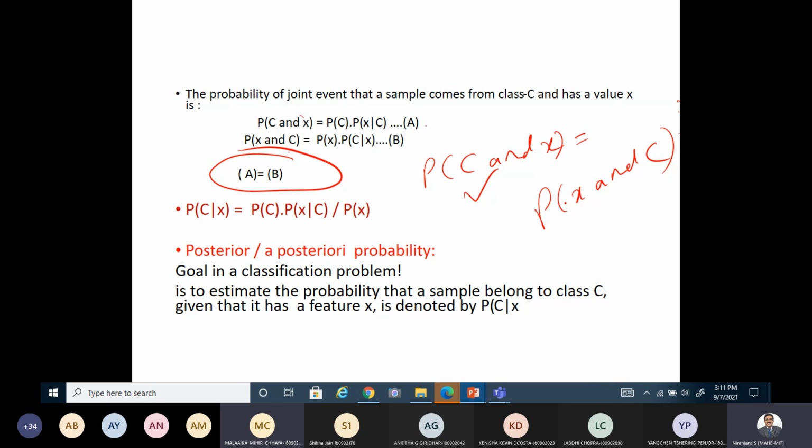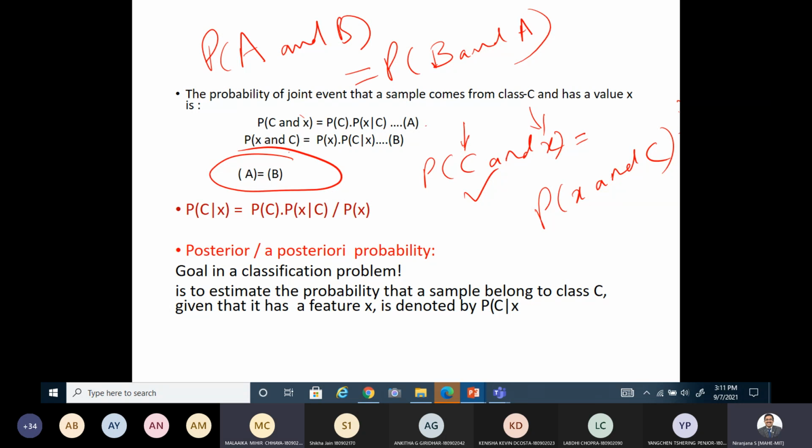No, don't interpret the meaning now. Just as per the probability theory, there is a variable here, there is a variable here. In probability theory, probability of A and B and probability of B and A, are they equal? Yes, sir. So this also must be equal, right? That's what I wrote here.